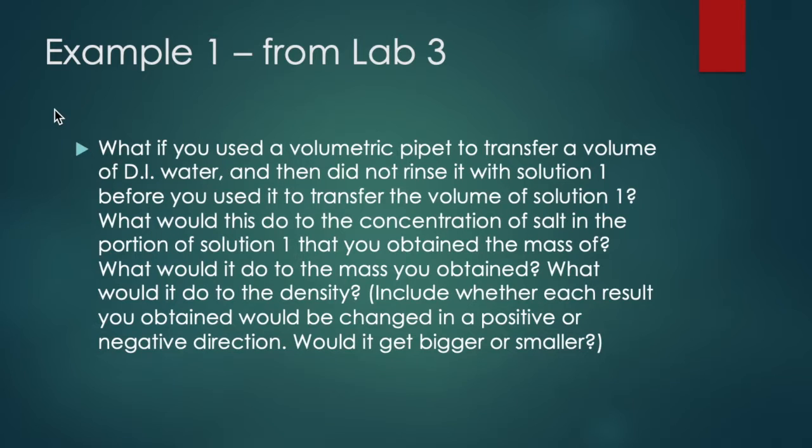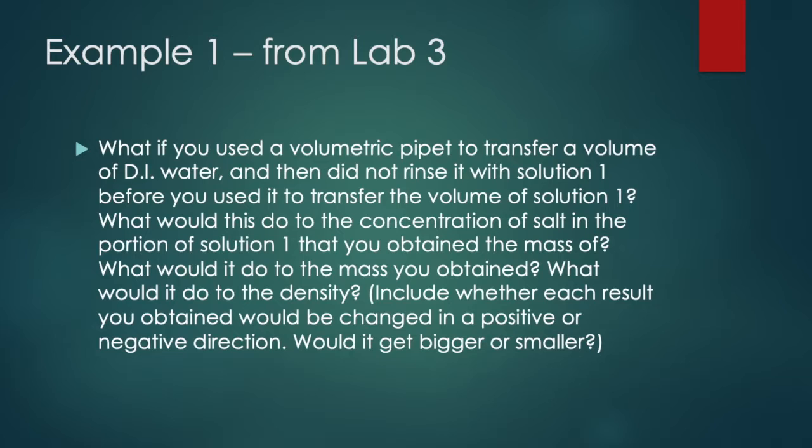What if you used a volumetric pipette to transfer a volume of DI water and then did not rinse it with solution 1 before you used it to transfer the volume of solution 1? What would this do to the concentration of salt in the portion of solution 1 that you obtained the mass of? What would it do to the mass you obtained? What would it do to the density? Include whether each result you obtained would be changed in a positive or negative direction. Would it get bigger or smaller? So that is the question.